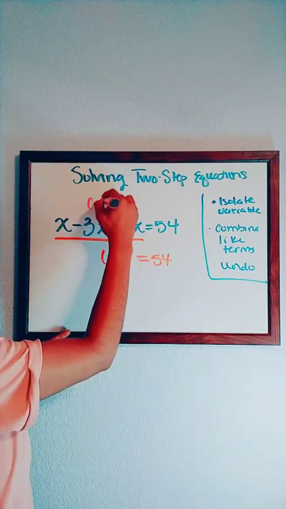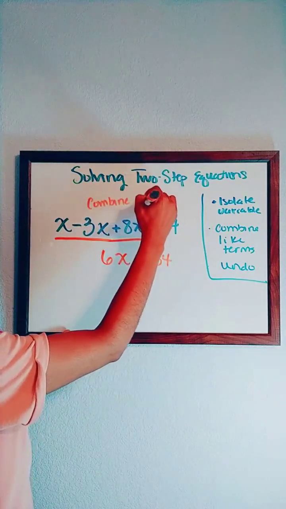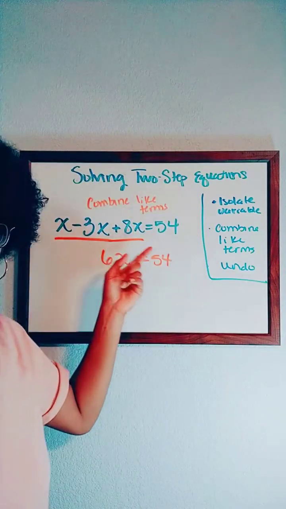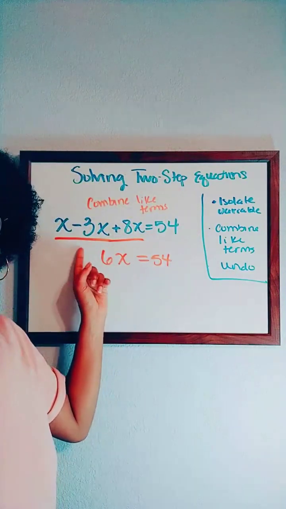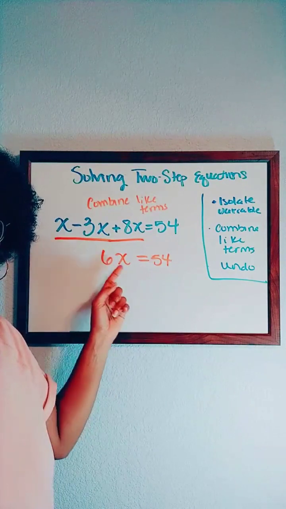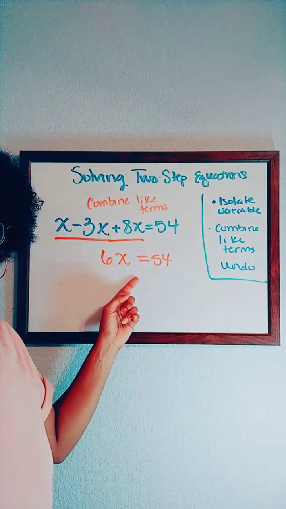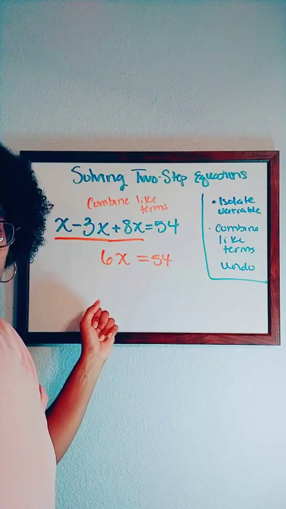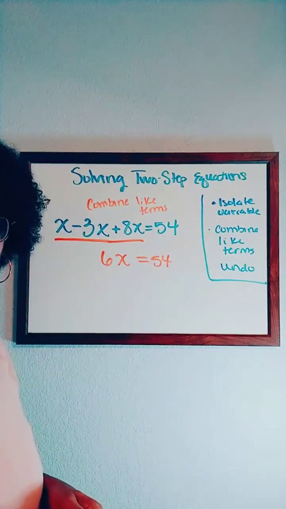So we always have to combine like terms. You want to get that down to a single variable. You don't want to have all the variables sitting over there at one time. Your last step is going to be divide both sides by 6. Yes, Shaprisa, there we go, x is equal to 9. Perfect.